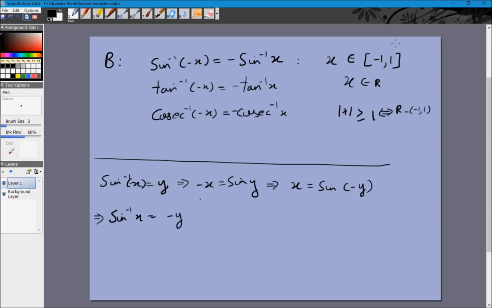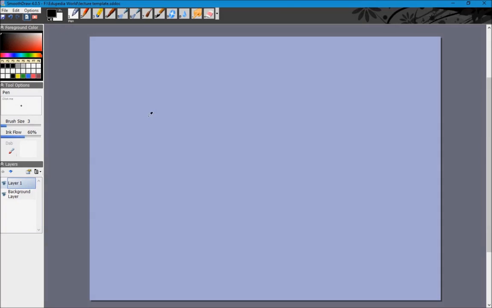Again we are working in the nice domain of minus 1 to 1. So obviously sine inverse of minus x is y, then sine inverse x is minus y, which is minus of sine inverse of minus x. And this is sort of what is to be expected because sine x is an odd function. So sine inverse x is expected to behave in a similar fashion, and the same for tan x and cosec x.